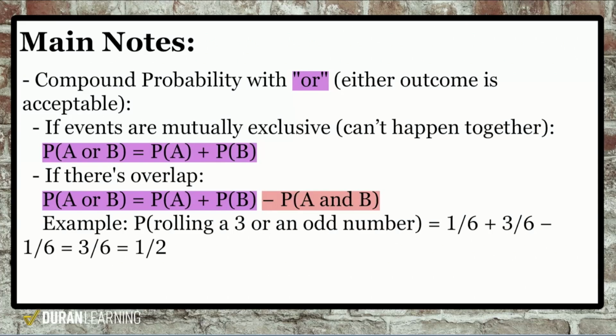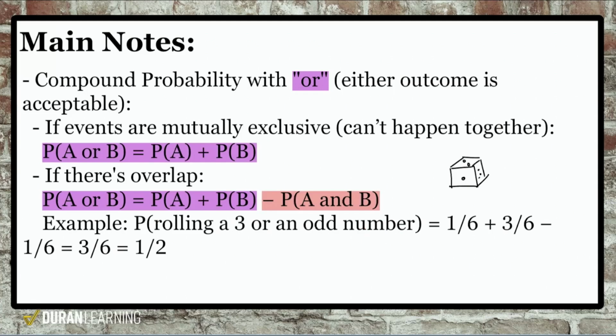Now, there's no better example than the one right below here. The example says, hey, what's the probability, if we're rolling a 6-sided dice? Let's go ahead and say we have this dice right over here. Let's say I'm a really good drawer today, which I don't really think I am, but let's say we're rolling this dice, and we are trying to find the probability of rolling a 3 or rolling an odd number.